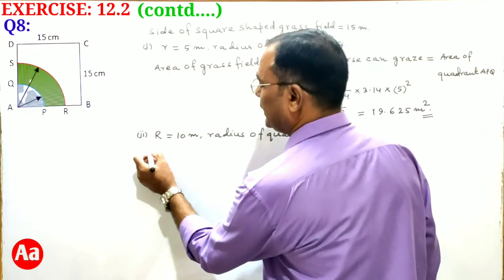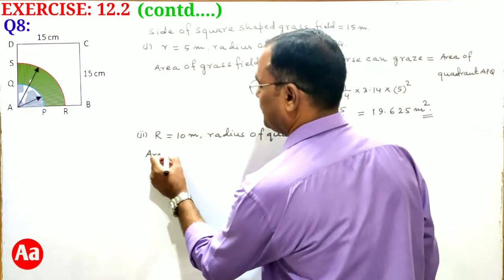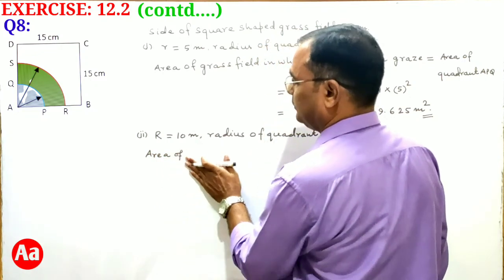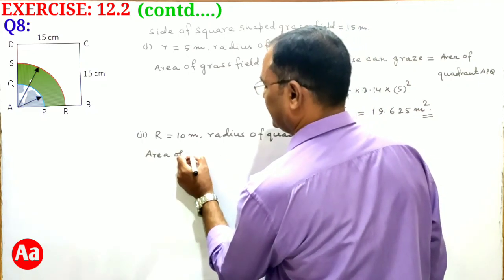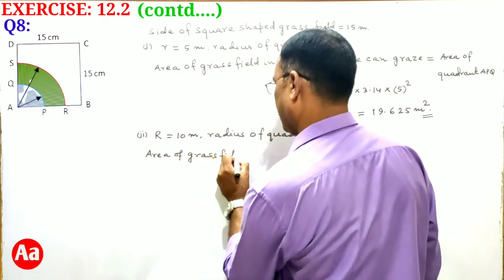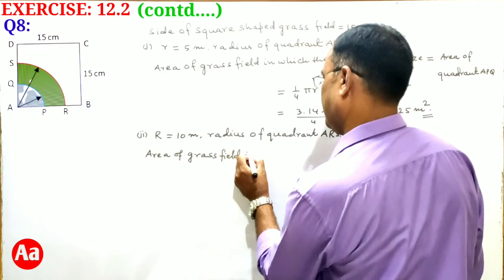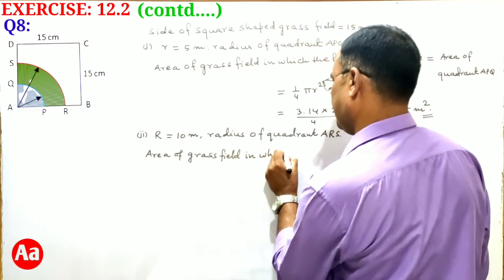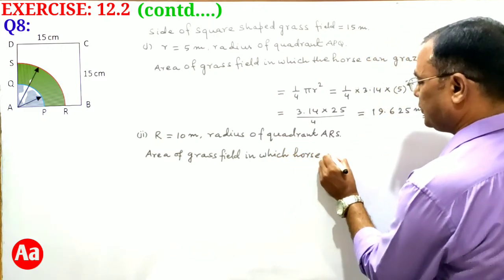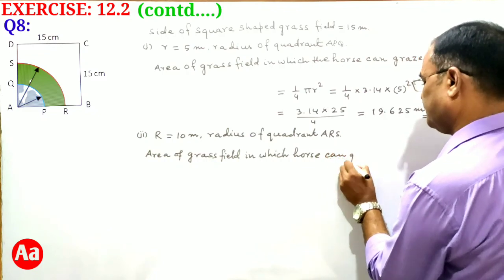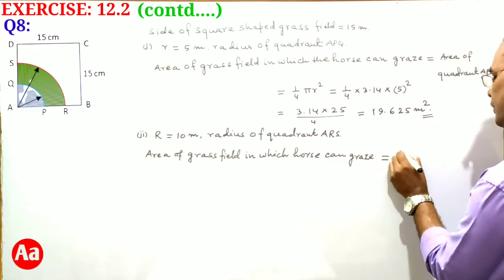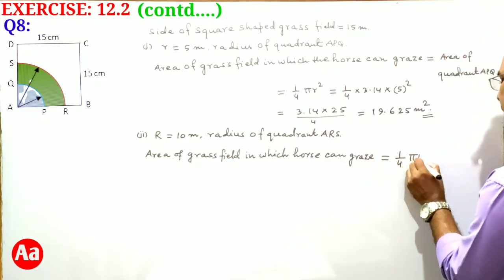So area of quadrant, or area of grass field in which horse can graze, is equal to 1 by 4 pi R square.